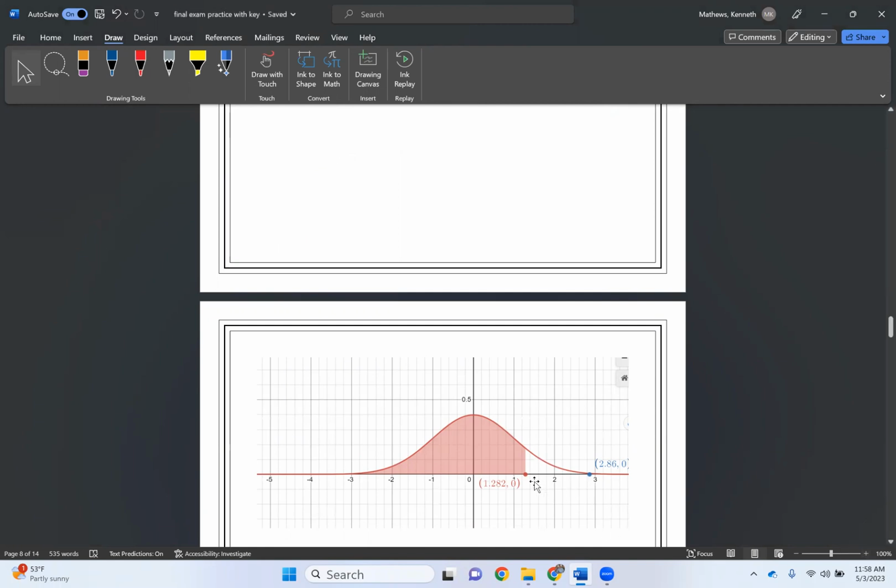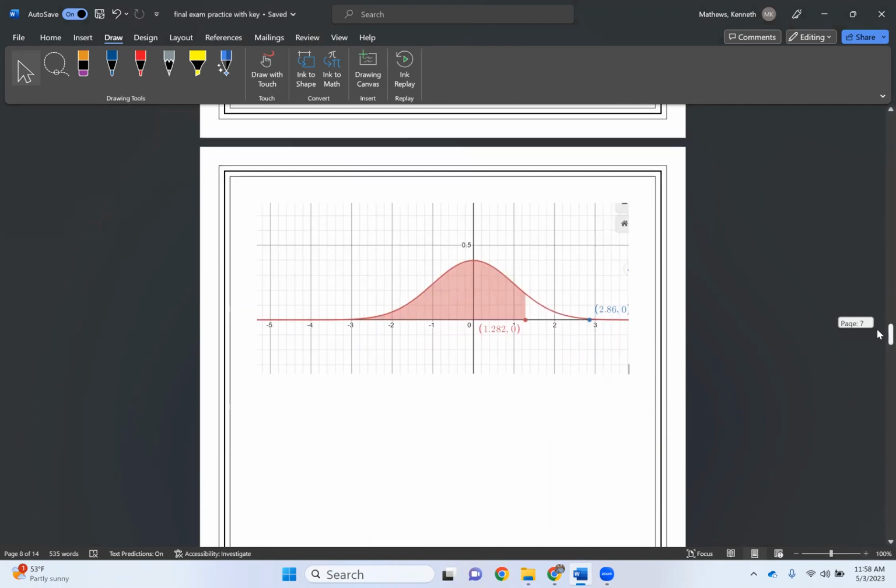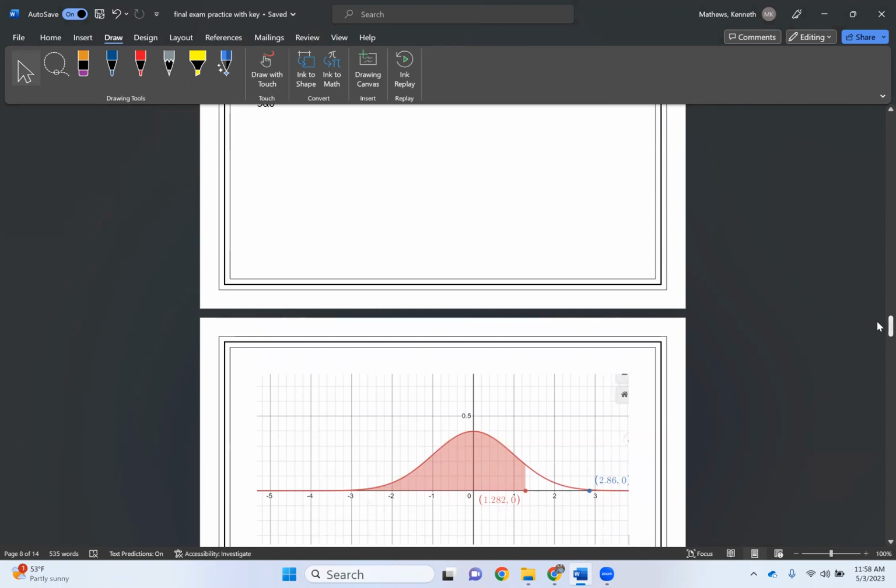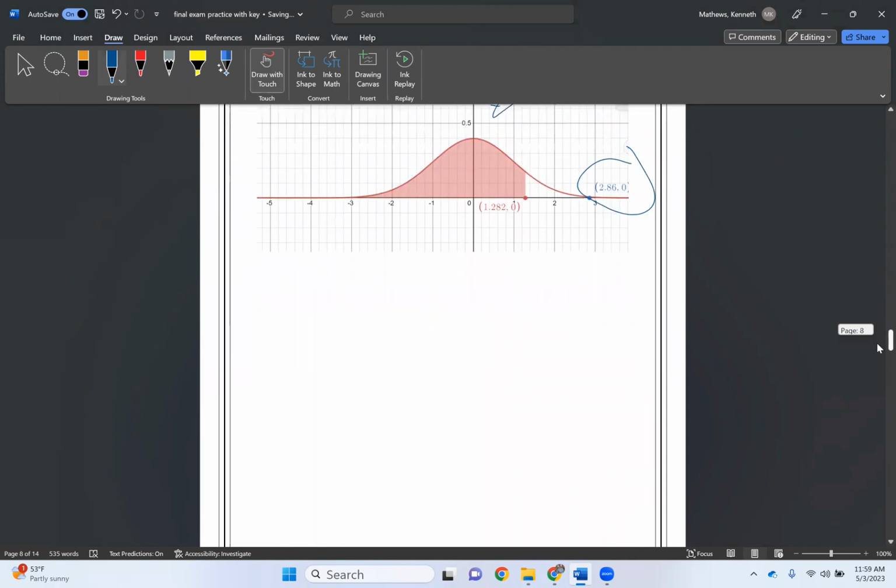Okay, so we already know our Z critical value, and we know our test statistic is 2.86, but I'm going to draw that anyway. So I'm going to say Z equals 2.86, even though it's right there. Okay, now we're ready to set the rules of the game.